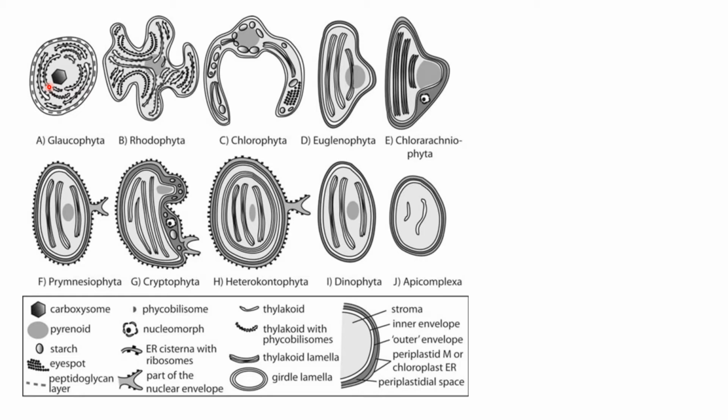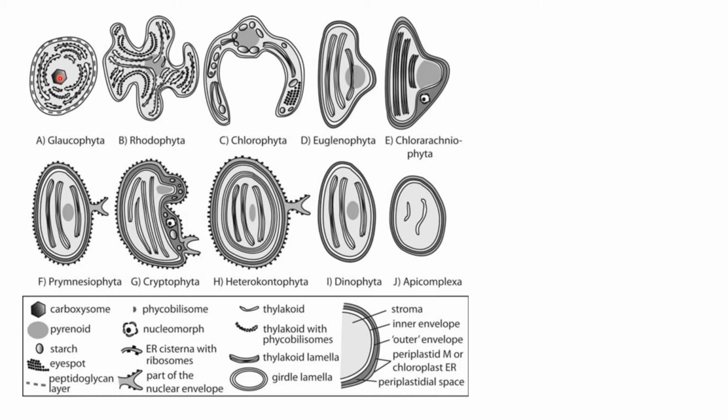So carboxysomes are actually bacterial microcompartments and meron tong enzyme na rubisco. So familiar kayo sa rubisco? Ito yung important enzyme for carbon fixation and the rate limiting enzyme yun ng Calvin cycle. Okay? So yung mga plants meron din silang rubisco.